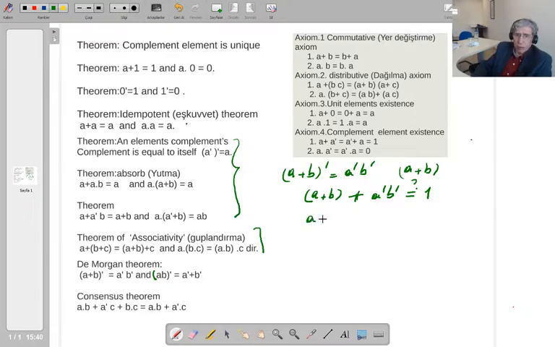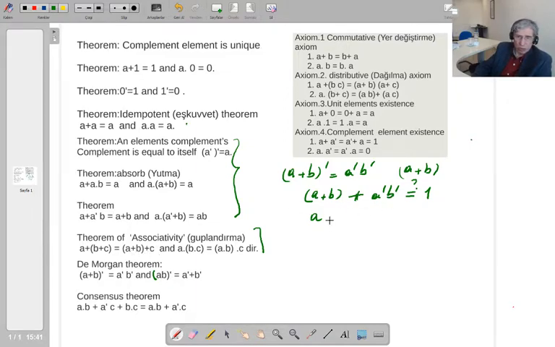A plus B, let me change the order. So I can change the order, that is associativity, changing the parentheses.